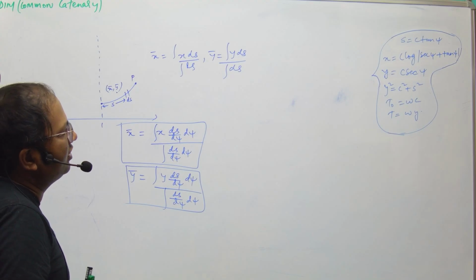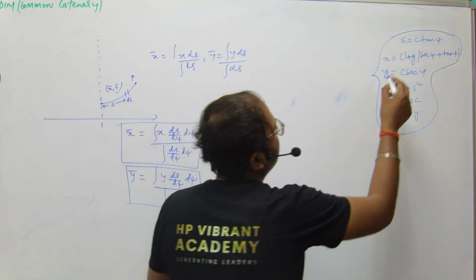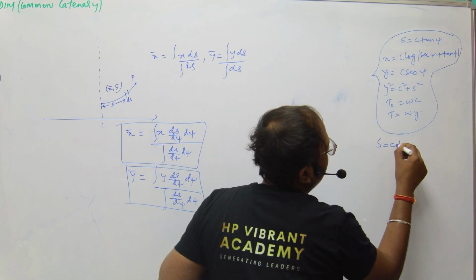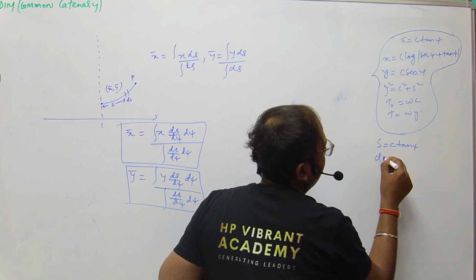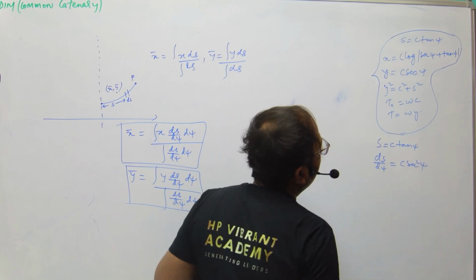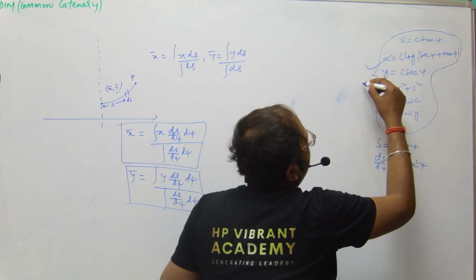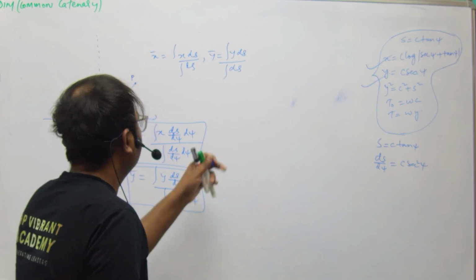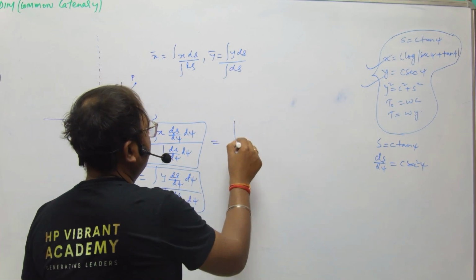We have the intrinsic equation of the common catenary as s = c tan psi. From this we have ds/d psi = c sec square psi. And we have the value of x as this one and y as this one, so let us place the values.